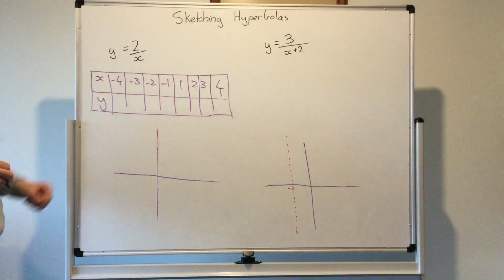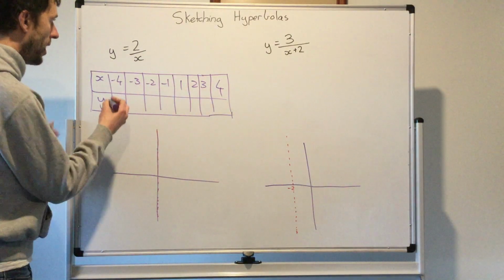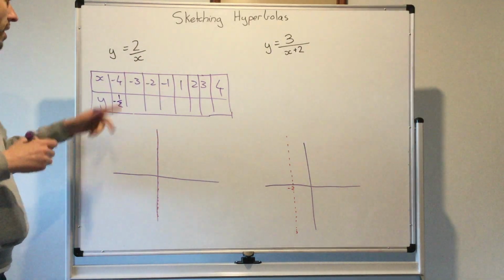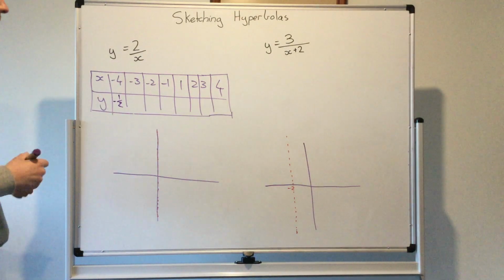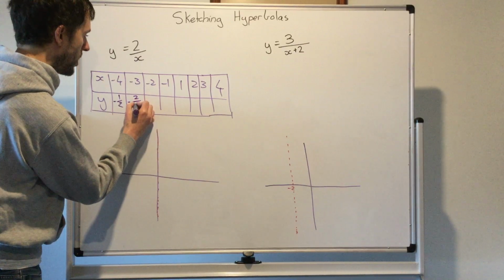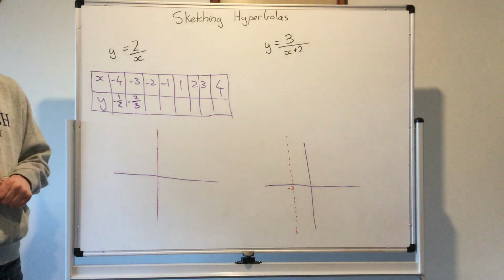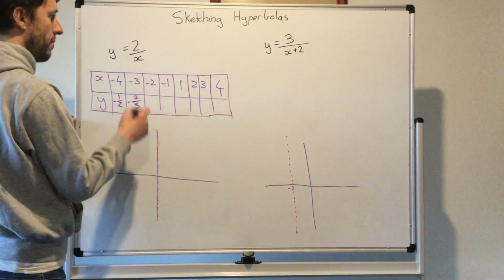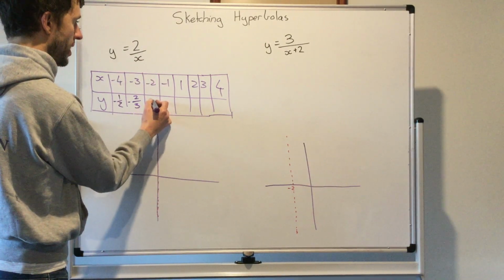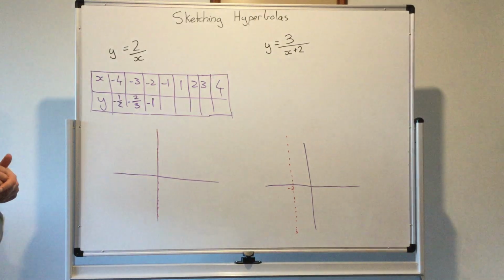If x is -4, that's 2 divided by -4. 2 divided by 4 is a half, negative a half, or -0.5. Then I've got -3 plugged in, that is -2 over 3. When x is -2, 2 divided by 2 is 1, so it becomes -1.